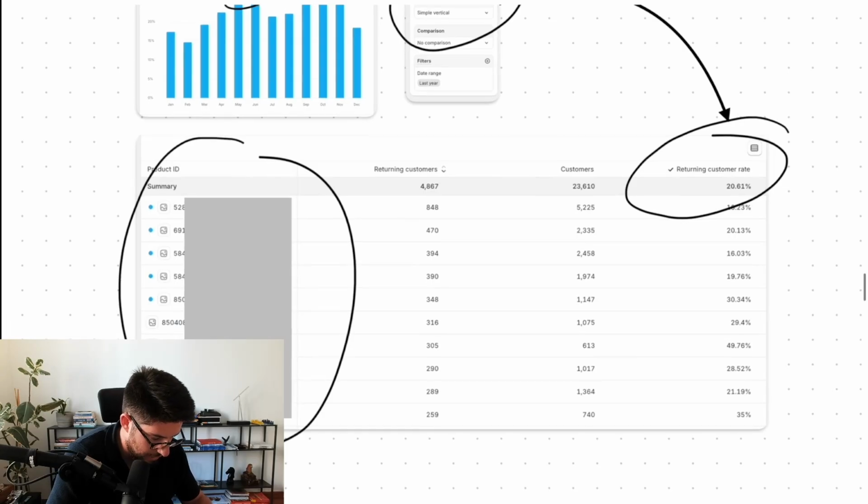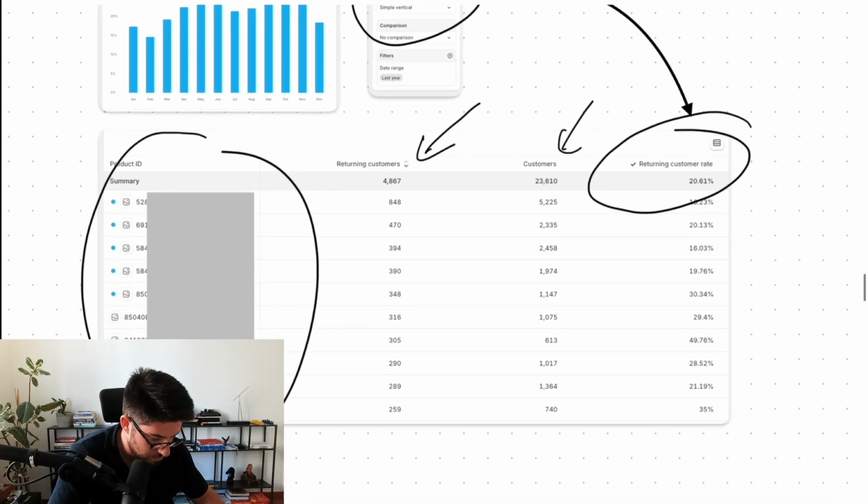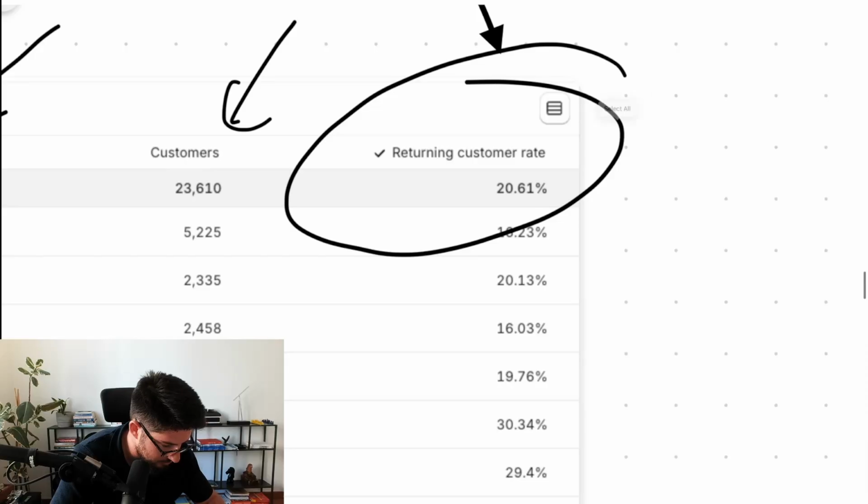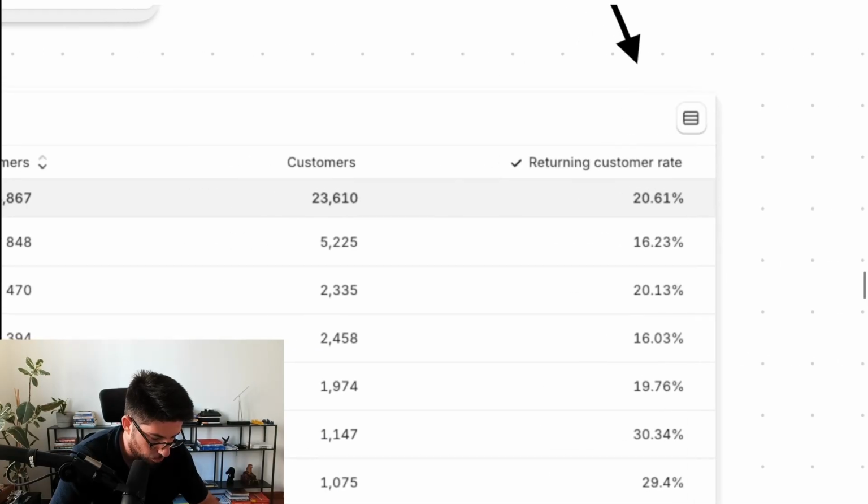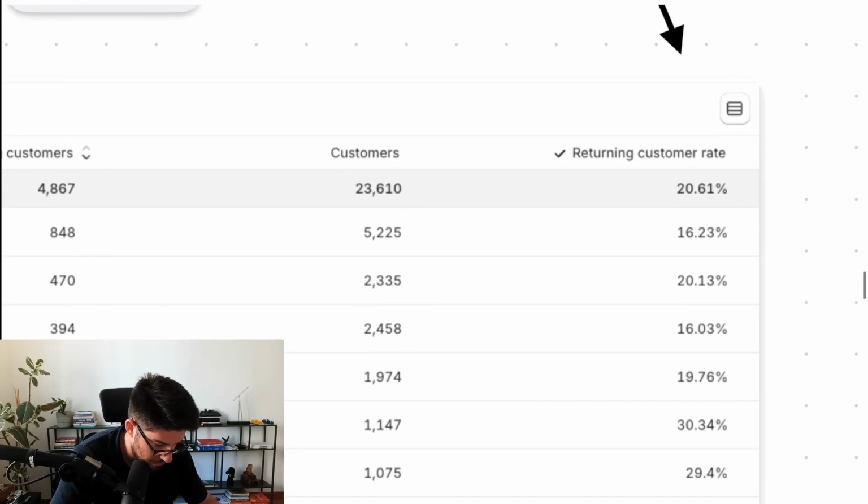And then I see if I order by returning customers and then the rate, which depends on total customers, you would see that product number 1 has, let's delete this. How do I delete this? Annoying right there. Okay. The one with the most returning customers, the returning customer rate is 16.